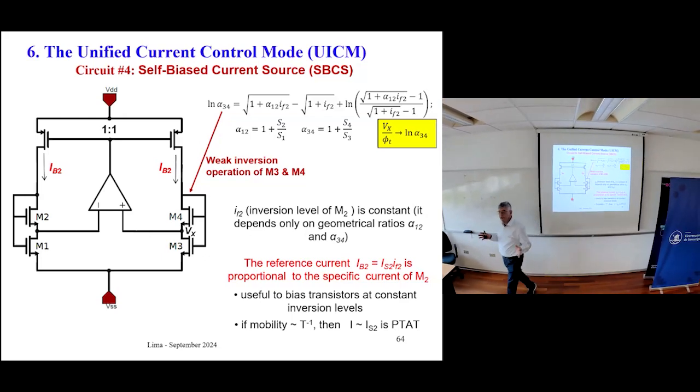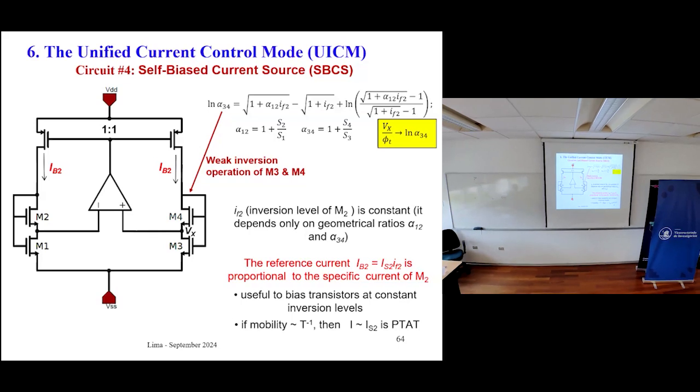It's a combination of 4 or 6 transistors, but the purpose of this block is similar to that of the operational amplifier. We have several publications around this type of circuit, which is really important and really useful.